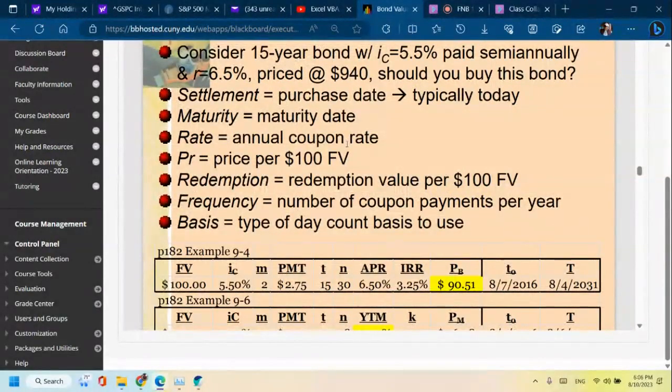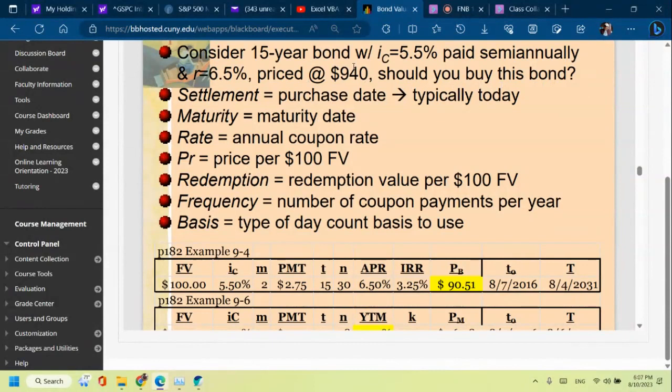Okay, so here in our example, consider a 15-year bond with a coupon rate of 5.5% paid semi-annually. The prevailing market interest rate is 6.5%, and the bond is priced at 940. Should you buy this bond?